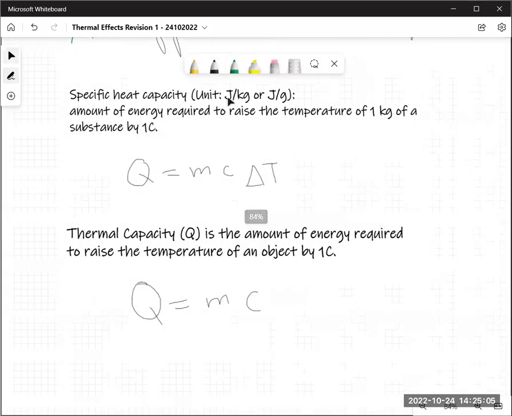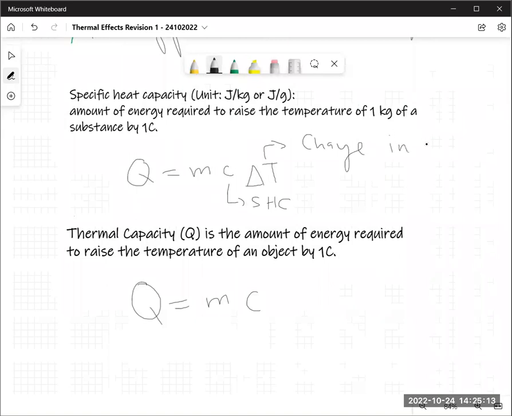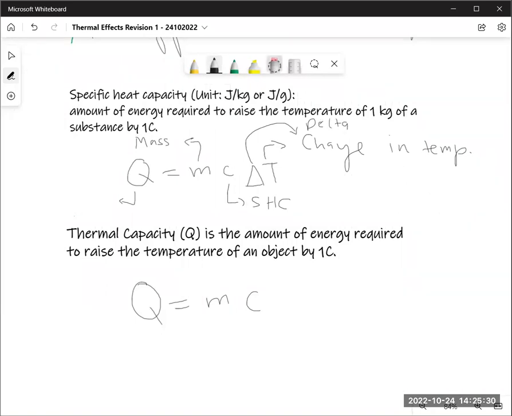Now I'll just tell you what these things mean. C over here is specific heat capacity. T is change in temperature. I have to teach you all of these things before you can solve past papers or questions. Does the triangle mean change? Triangle means delta, change, yes. We call it delta T, and delta is the same thing as change.